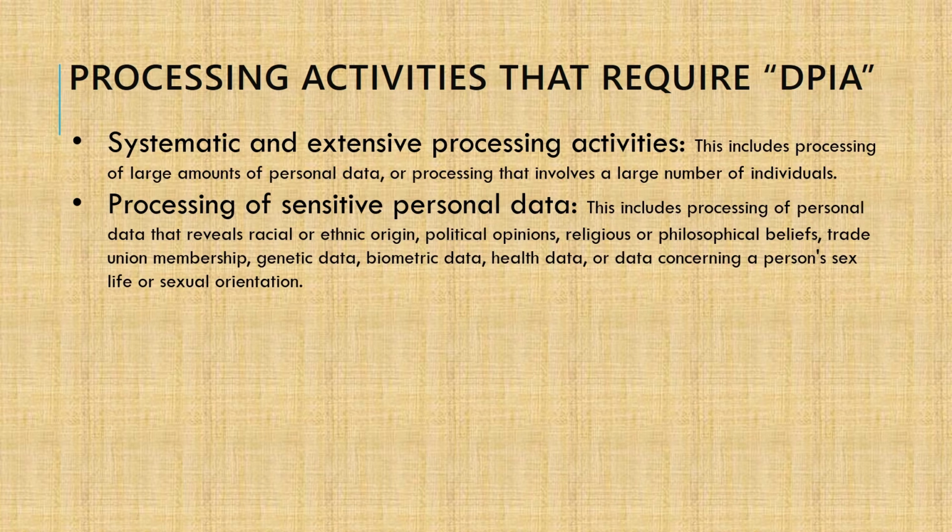For example, processing of health data such as medical records or genetic information can lead to discrimination, loss of insurance coverage for an individual if the data is misused or leaked.